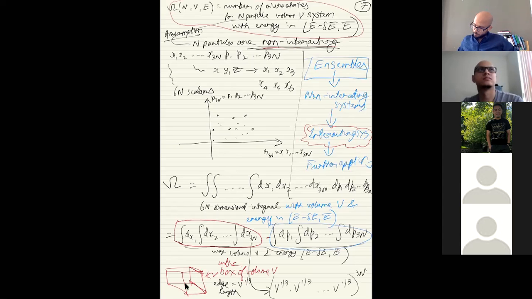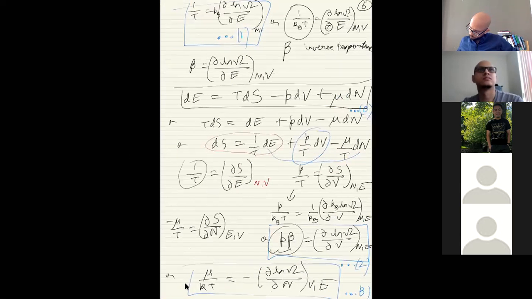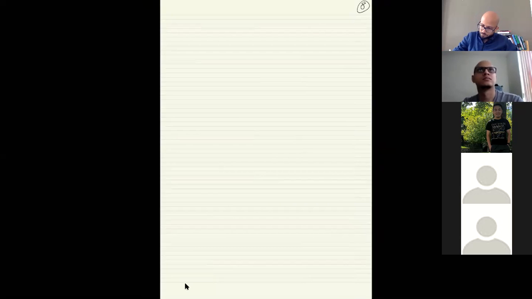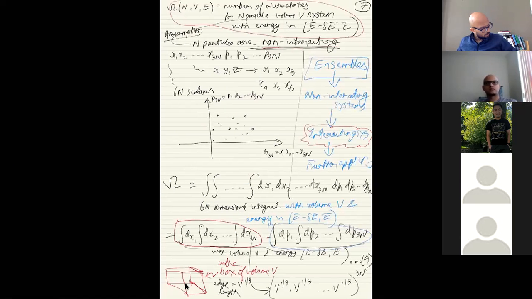Okay, so let's number the equations so we don't get lost. So equation number 4 implies that omega is equal to V to the power 3n, or V to the power n. It will be V to the power n, right? I don't mean you multiply all of them and then take to the power 3n.